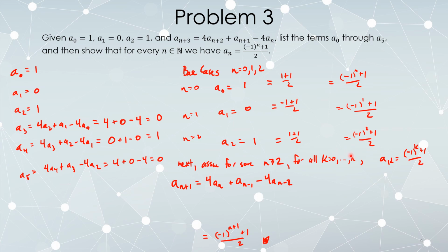So for all of these indices, I can use my inductive hypothesis. So a sub n is -1 to the n plus 1 over 2. a sub n minus 1 is -1 to the n minus 1 plus 1 over 2, and a sub n minus 2 is -1 to the n minus 2 plus 1 over 2.